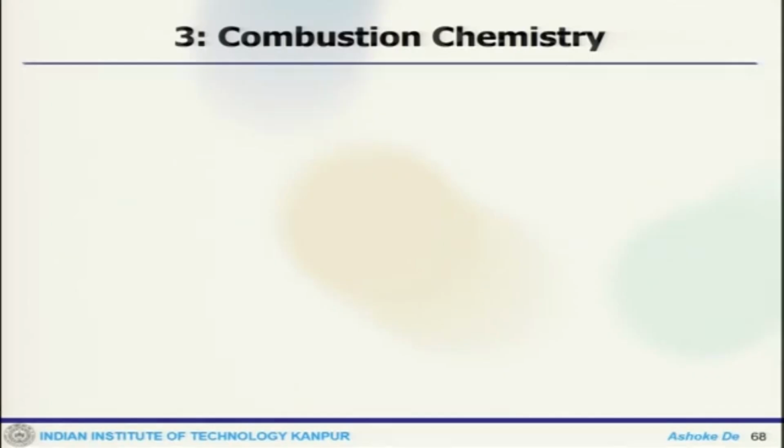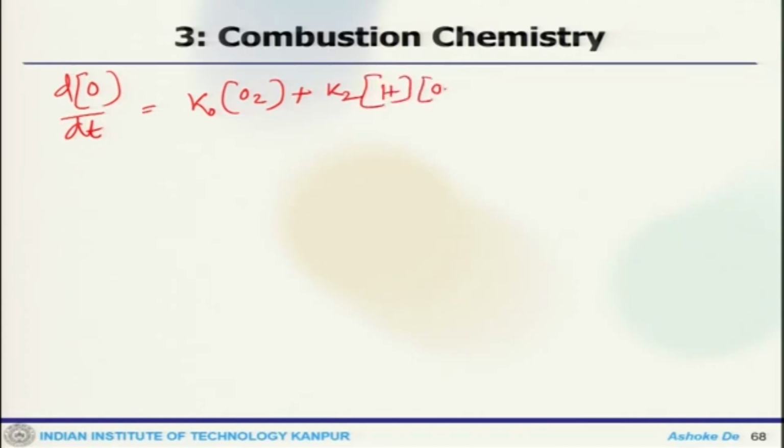And for O, dO by dt is K0 O2 plus K2 H O2 minus K3 O H2, which is equation 3.3.